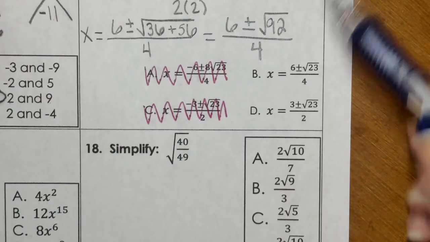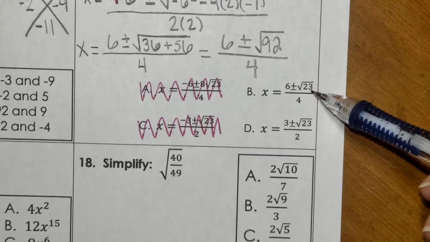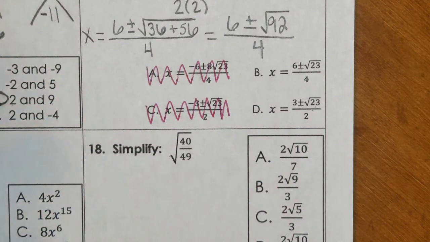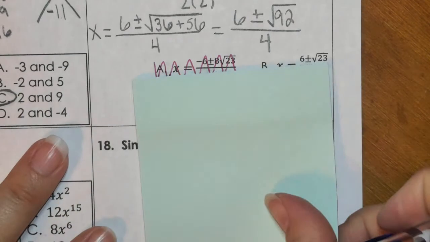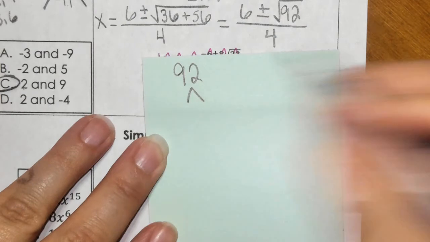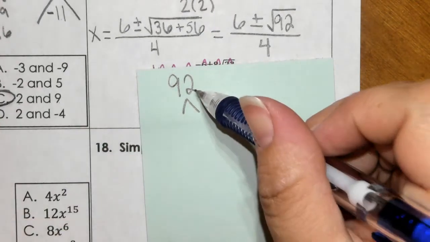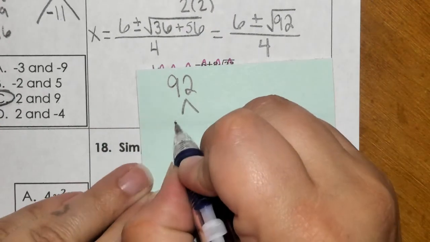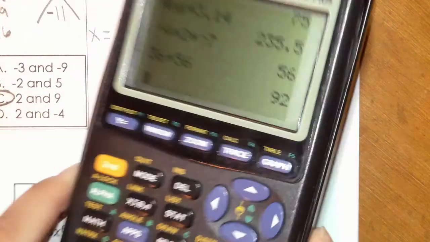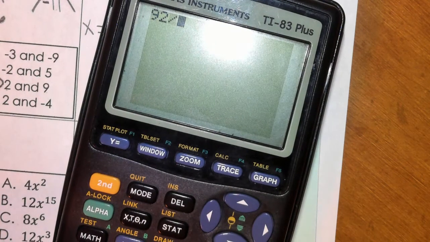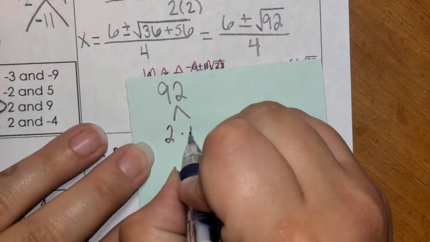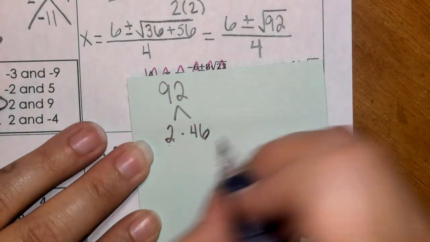All right, now as you can see, neither of these have a 92. So what we do is we take the 92 and we break it down. We know that it's an even number. So what is 92 divided by 2? 92 divided by 2 is 46. So it gives me 2 times 46.